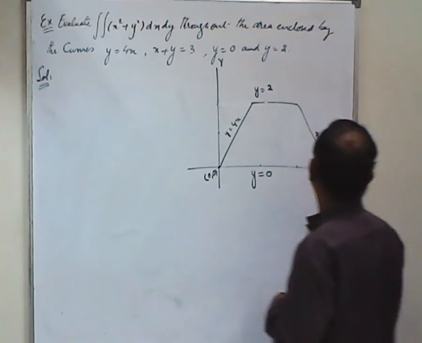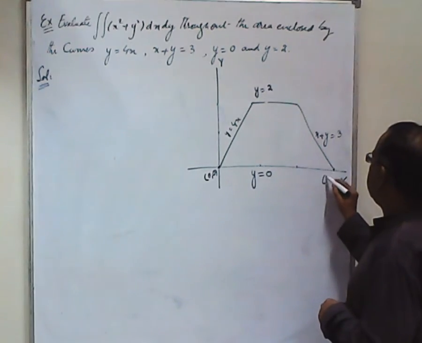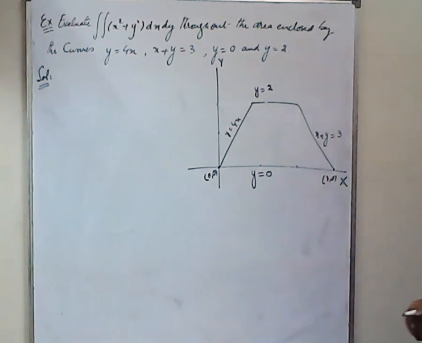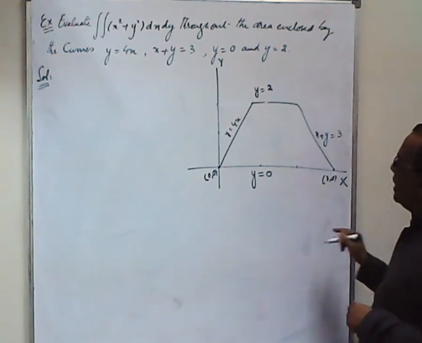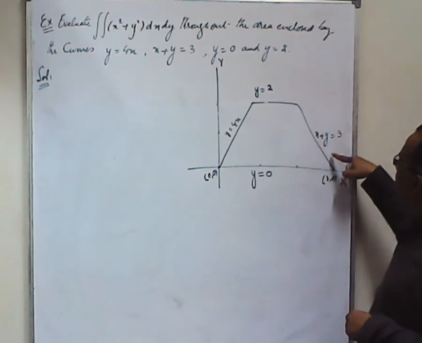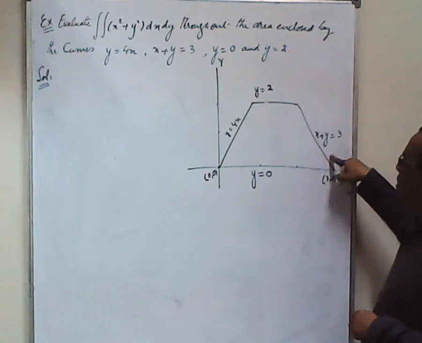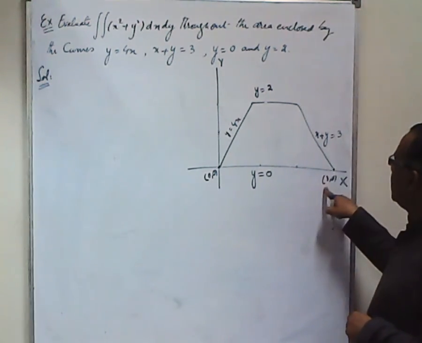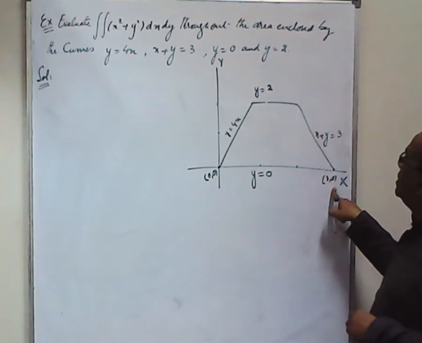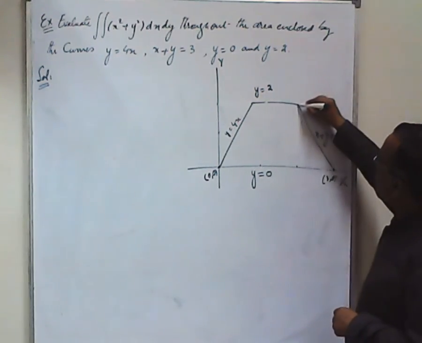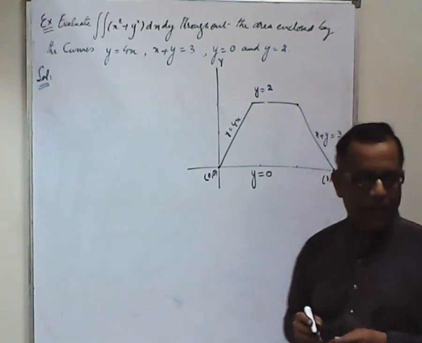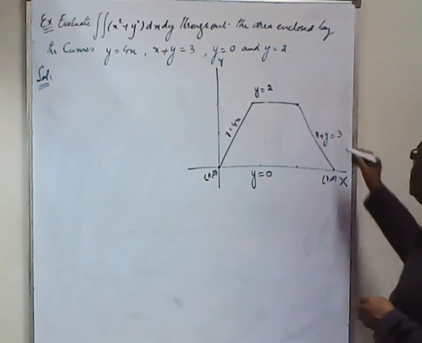It is the origin. This will be at 3, 0, this will be 1, 2, and this will be meeting at 3, 0. How do I find that? The line y equal to 0 intersects x plus y equal to 3. If I substitute y equal to 0 here, this will give me x equal to 3. So this is 3, 0. Now, y equal to 2: if I substitute y equal to 2 here, this will give me x as 1.